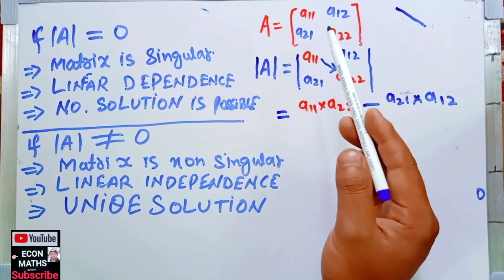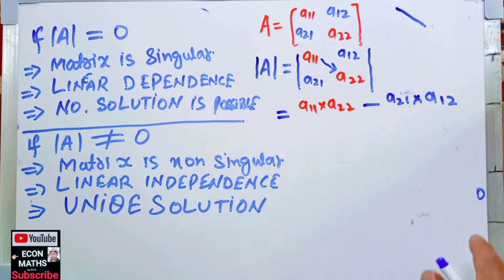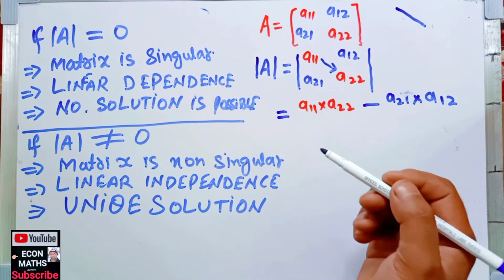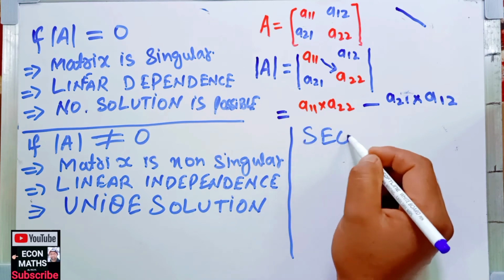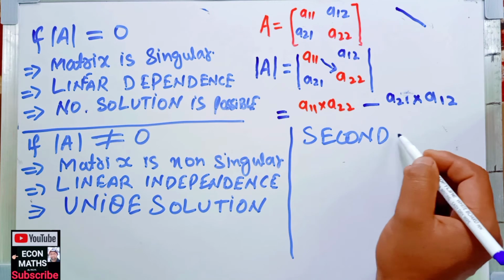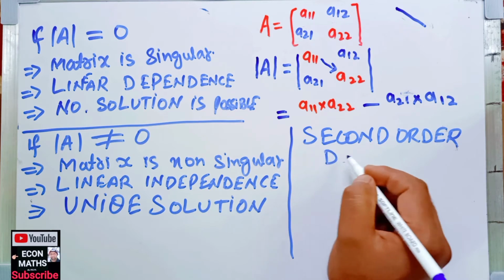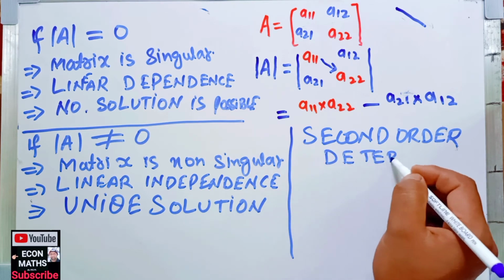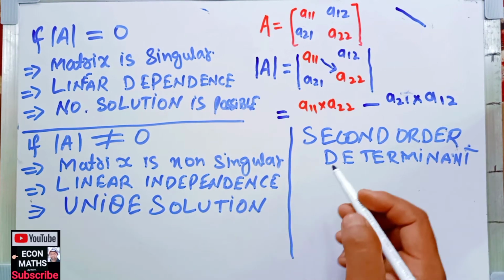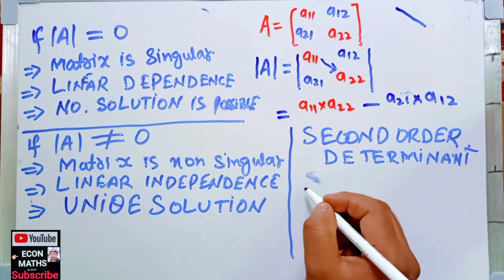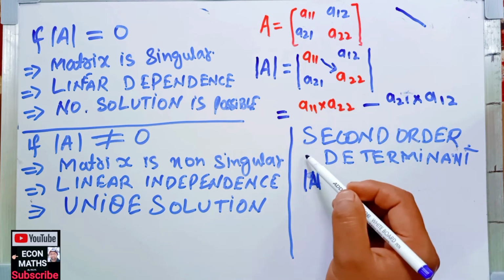Now the determinant of a 2 by 2 square matrix is called second order determinant. That means the determinant of a 2 by 2 matrix is called second order determinant.